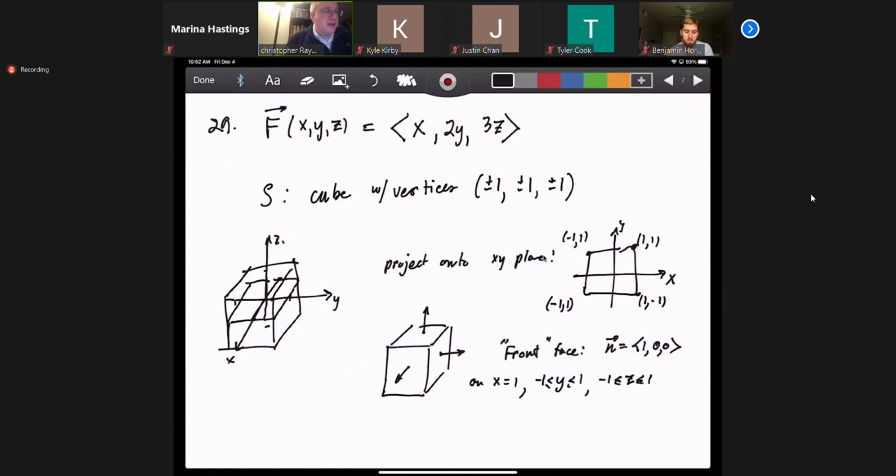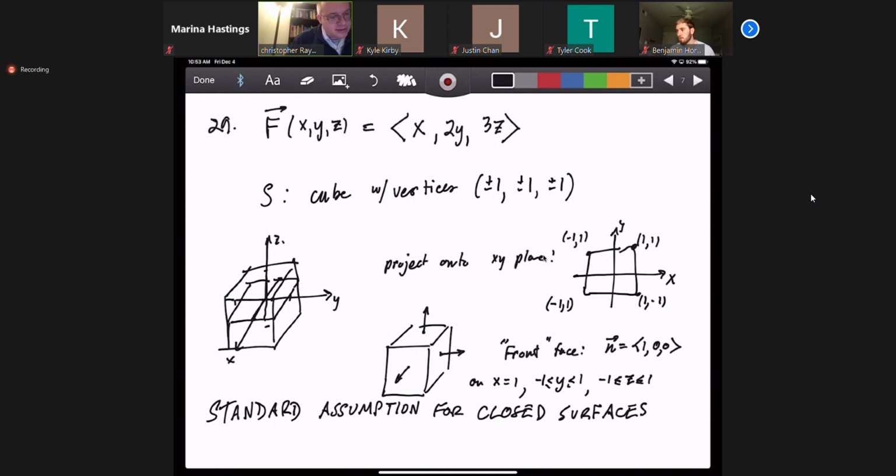So the standard assumption, which I passed over here without highlighting it before, when you have a closed surface that you want to do a surface integral over, unless you're told otherwise, you always want to use the outward family of normals, which is what we did here.